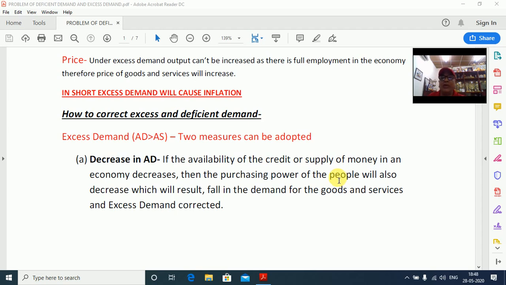And if your purchasing power is less, what will happen to your demand for goods and services? It will come down. It means a decrease in AD. And as the aggregate demand decreases, you will be able to correct excess demand. So the first way of correcting the excess demand is to decrease the aggregate demand.